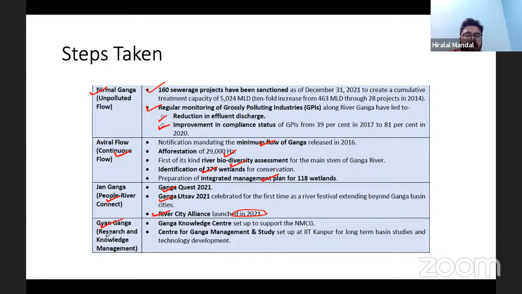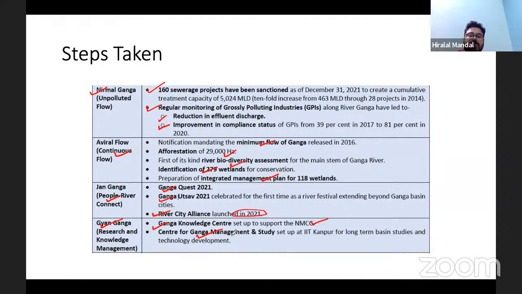Gyan Ganga, in order to enhance the research and knowledge management, the Ganga Knowledge Centers were set up to support NMCG, the Namami Gange mission. The Center for Ganga Management and Study has been set up at IIT Kanpur.